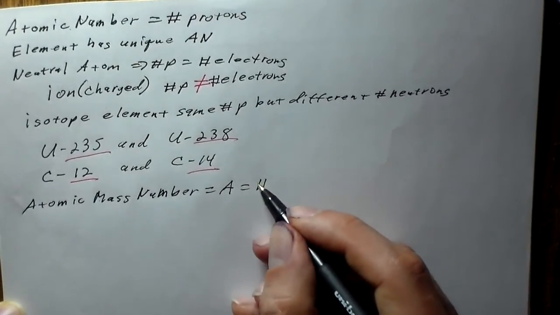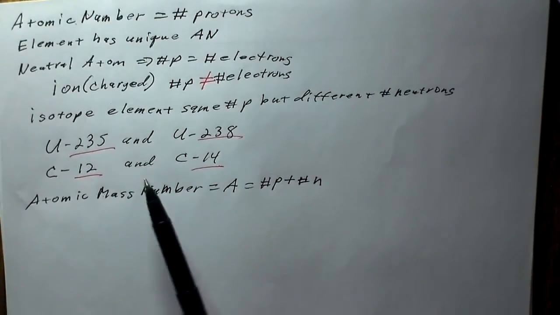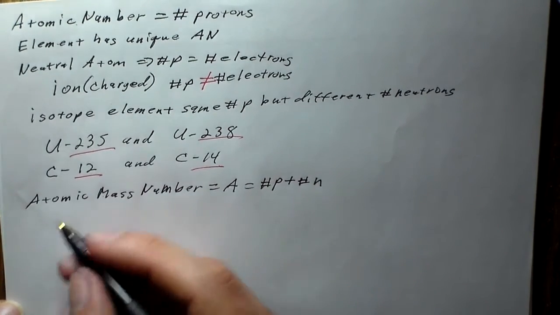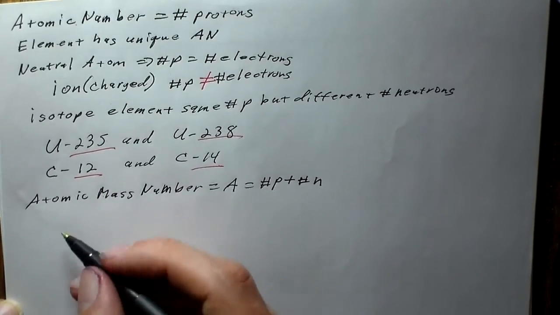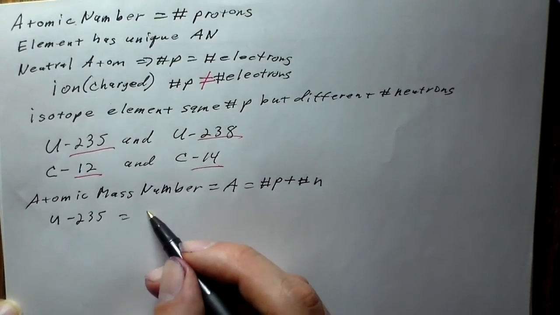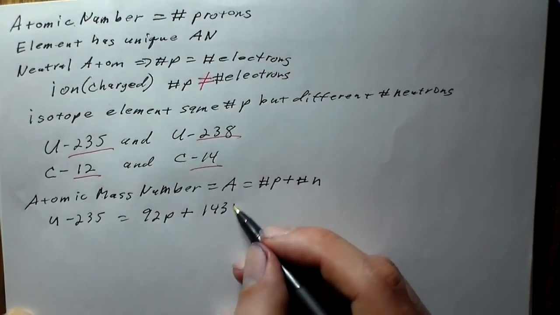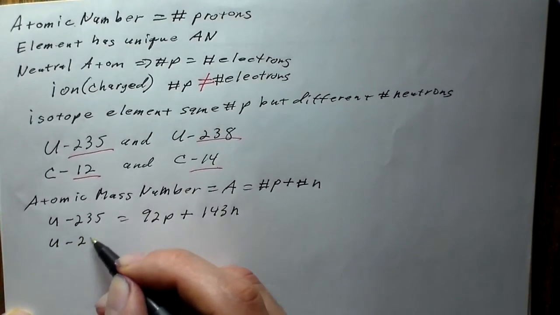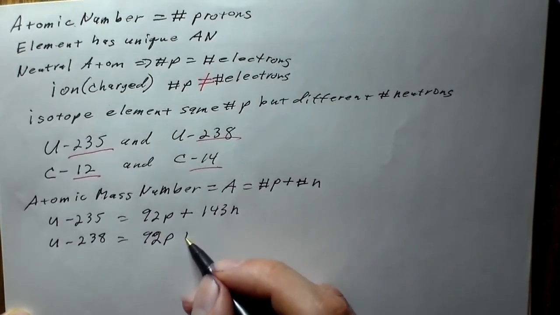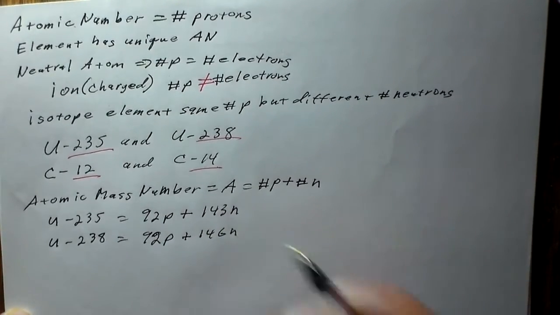And this is going to be equal to the number of protons plus the number of neutrons. So if I have here uranium-235 and uranium-238, both of these have 92 protons. So my uranium-235 is going to have 92 protons plus 143 neutrons, and my uranium-238 is going to have 92 protons, because it's the same thing, plus 3 more, so that's 146 neutrons.